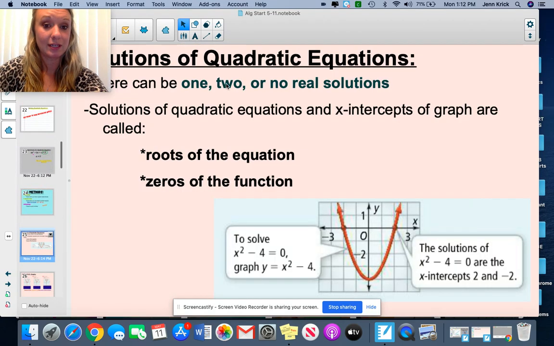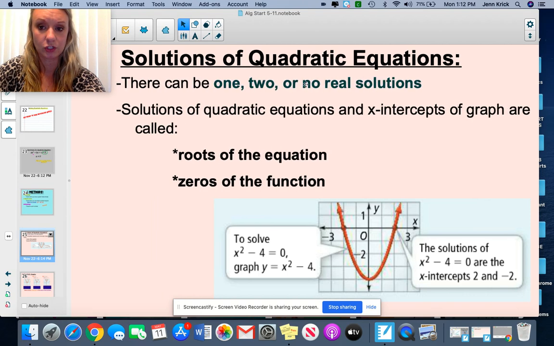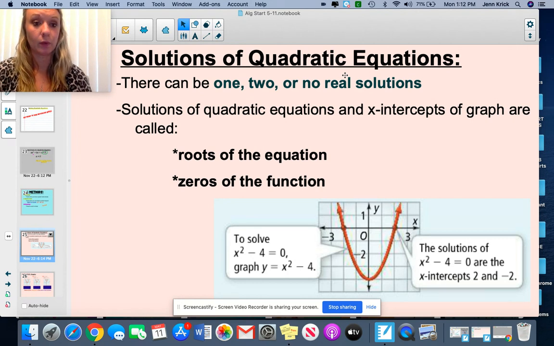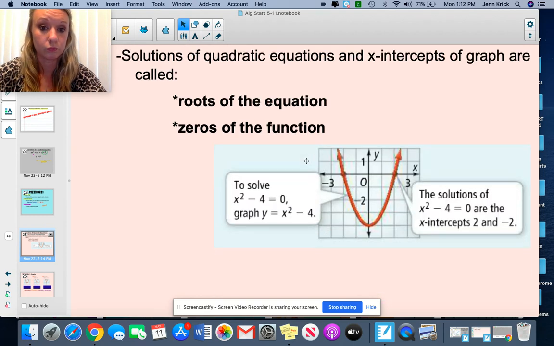Let's start with method number 1, or let's just talk plainly about the solutions of quadratic equations. There can be 1, 2, or no real solutions for a quadratic. So when you solve it, you might get 1 solution, you might get 2 solutions, or you might get no solutions. When we talk about the solutions of quadratic equations, we're talking about the roots of the equation or the zeros of the function.